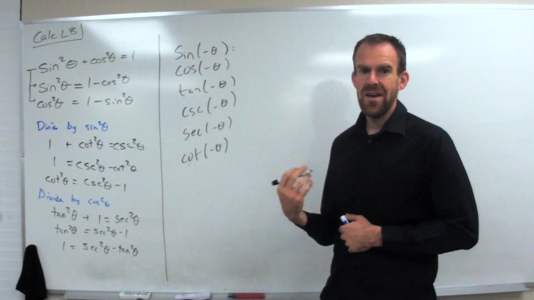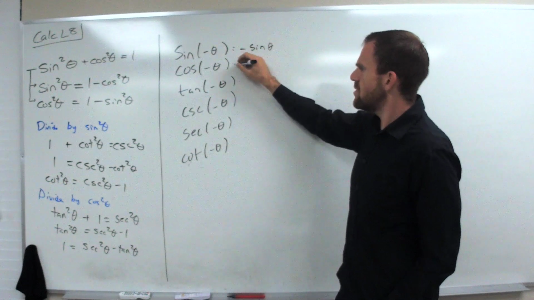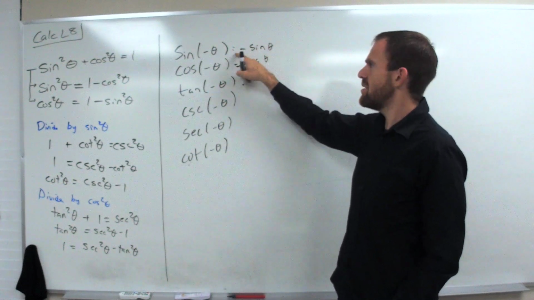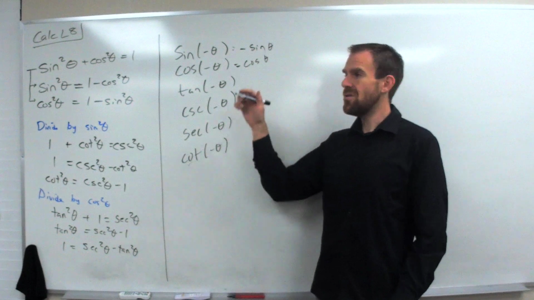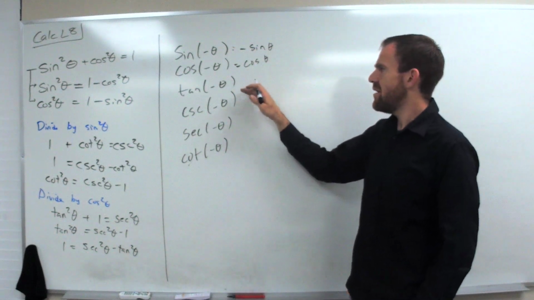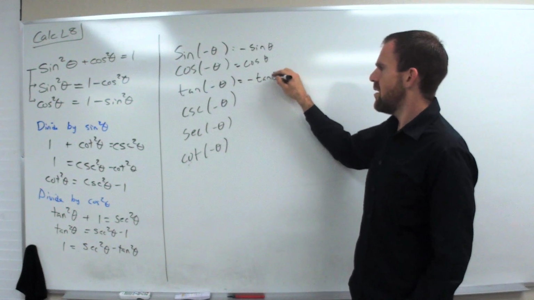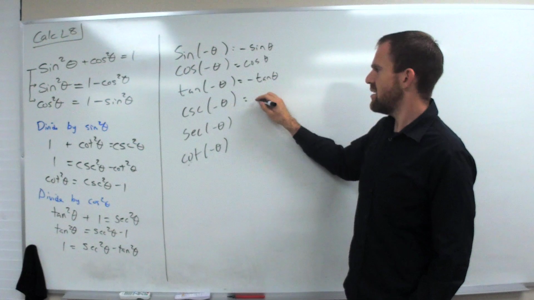So sine of a negative angle is negative sine of that angle. Cosine of a negative angle is just cosine of that angle. Sine is an odd function, so it works like that. Cosine is an even function, so it works like that. Now, tangent is sine over cosine, so I expect negative tangent. And these are going to follow suit with the originals.